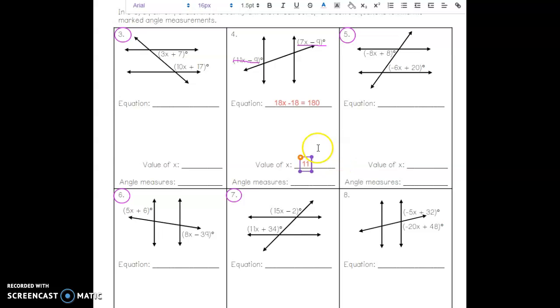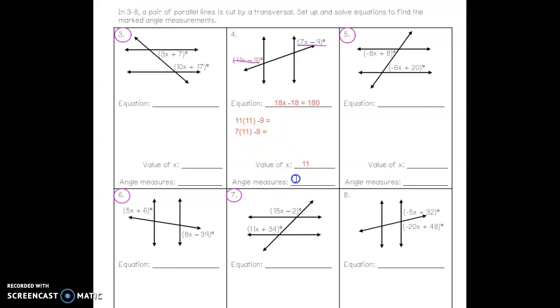And when I plug 11 into both of the separate expressions, so 11 times 11 subtract 9, and then I'm going to plug it in again, 7 times 11 subtract 9, after I simplify both of those expressions, I see that we're going to have an angle measure of 112 degrees and 68 degrees.